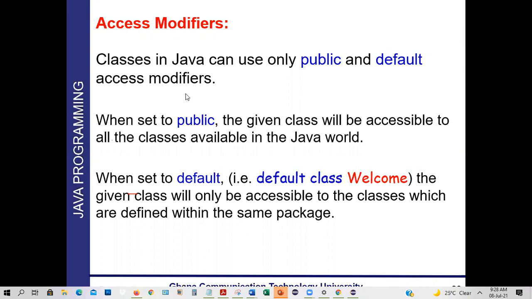I've already said when you set it to public, of course, it's available. When you set it to default, what it means is that the given class will only be accessible to classes which are defined within the same package. So if I don't make it public but I make it default, then it's only in the package that I've defined it.